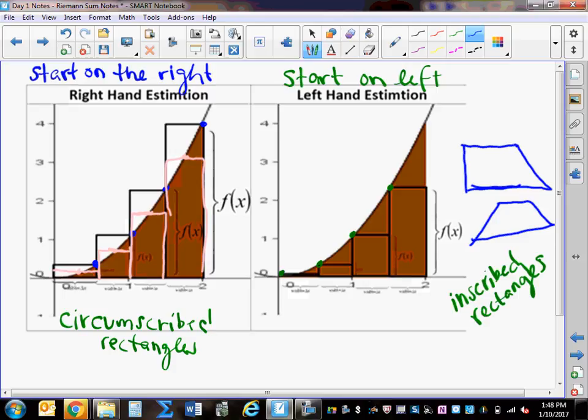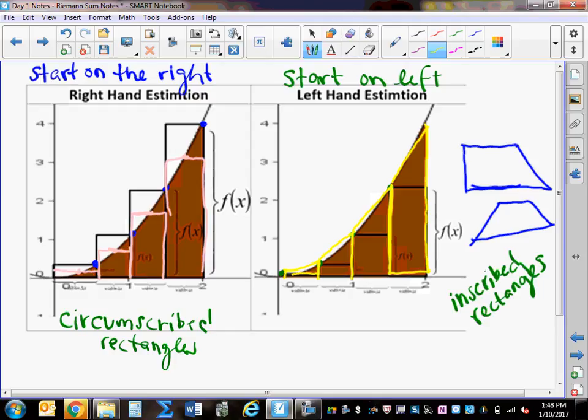Think of that trapezoid turned sideways. So if I think of this as my set of parallel lines, my bases, and then this as my trapezoid. And then same idea here. And same idea here. Still not exact, but a whole lot closer than either of my previous estimations.